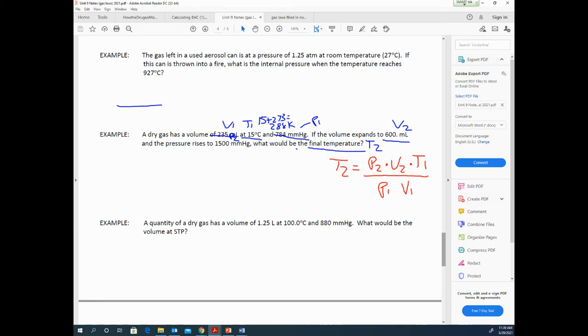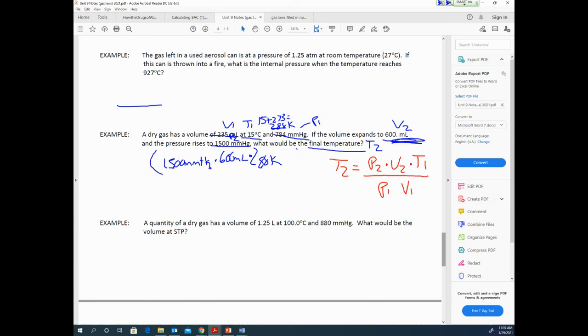All right, so this is our new formula. Now we just gotta plug and chug, plug things in and solve it. So P2, well, my P2 was this one, so I have 1500 mmHg times V2. My V2 is over here, so it'd be 600 milliliters times T1. Well, T1 was the one we had to convert, the 288 Kelvin.